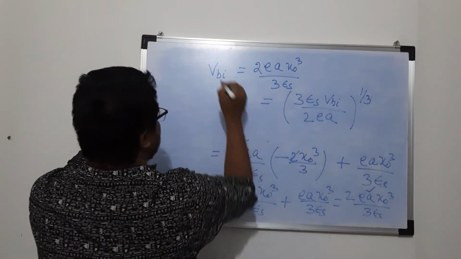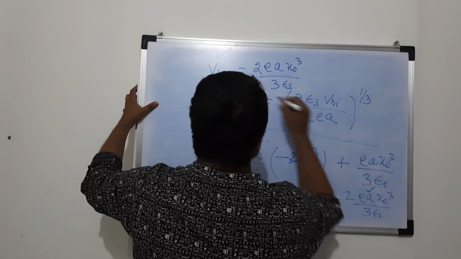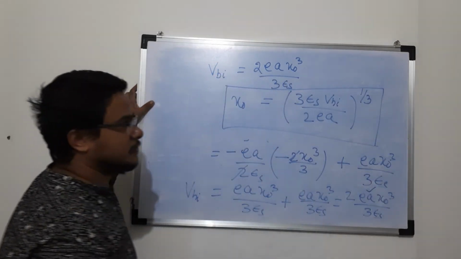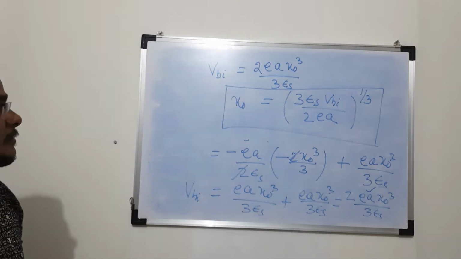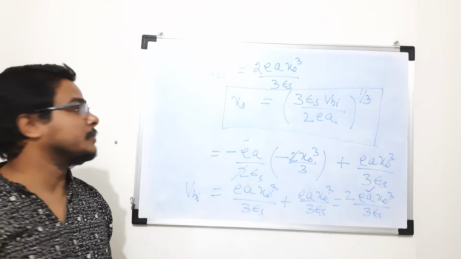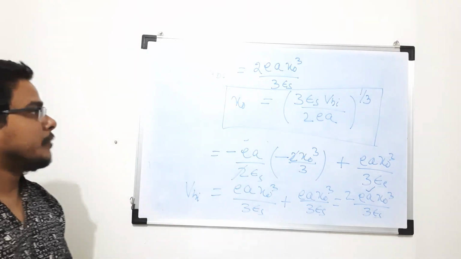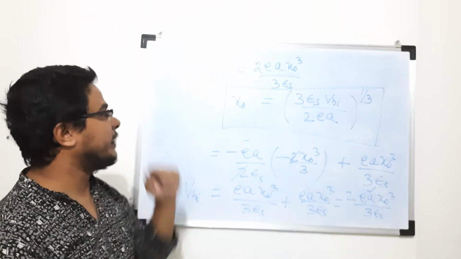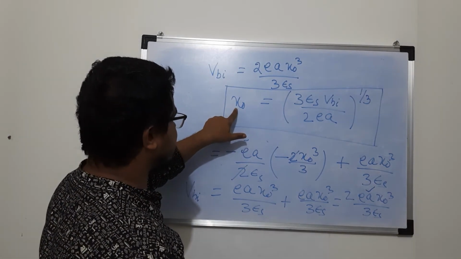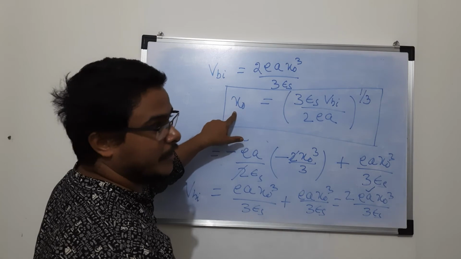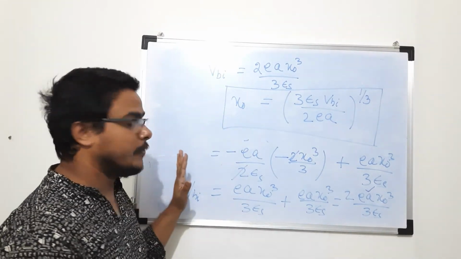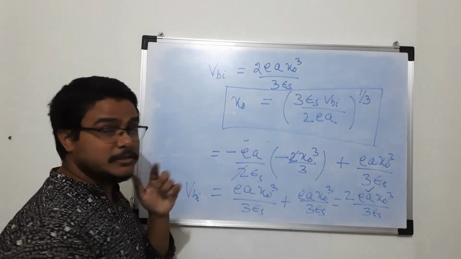So you got the value of x0, that is the abrupt boundary of the space charge region x0. Now we wrote x0 in terms of VBI, because VBI is a known value from the doping concentration and all, we can find out this VBI. Now knowing this dx0 by dVr, we will be able to find out the junction capacitance. Anyways, we will continue that in the next video.